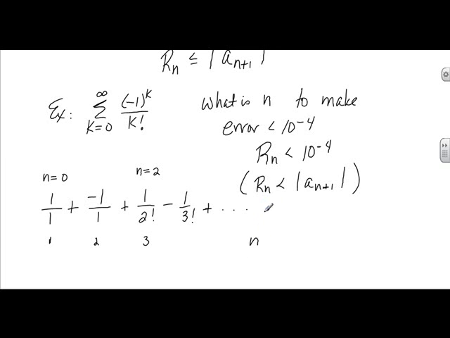Let me make some room. The nth term, let's go with k. That's going to fix my problem. So if the first term is when k is equal to 0, the nth term is when k is going to be equal to n minus 1. So we would have negative 1 to the n minus 1 power over n minus 1 factorial.